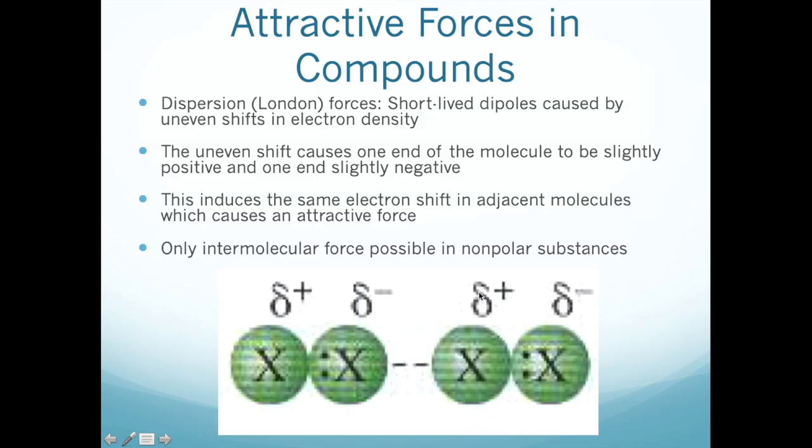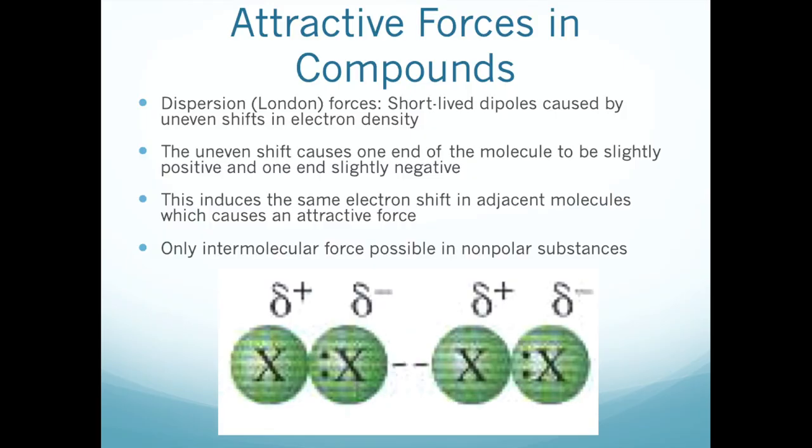Now, I have to stress here, this effect is very weak and very temporary. This squishing of electrons to one side, we have a partial negative and a partial positive. It's very, very partial. It's a very small effect, and it doesn't stay there. It's only a temporary squishing.